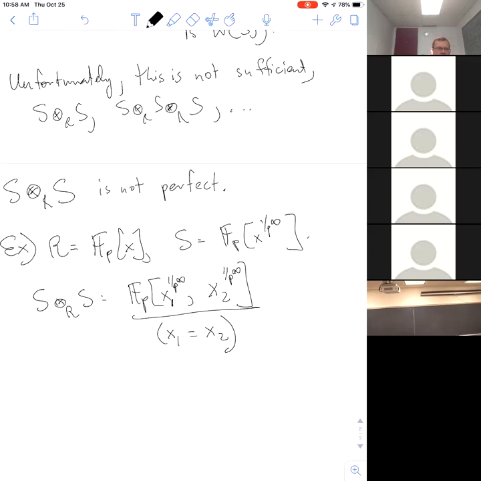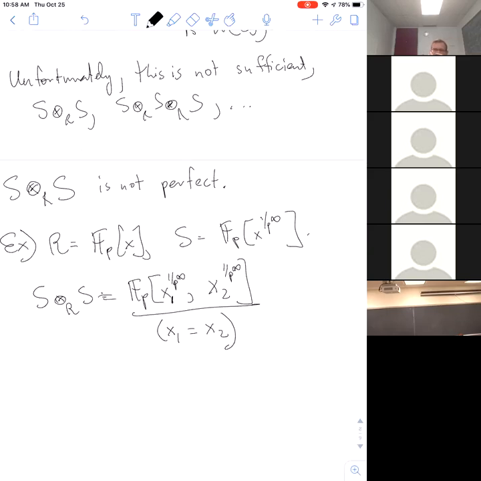So if we consider the relative tensor product S tensor_R S, where R is F_p[x], we get this funny ring. First we get a perfect polynomial ring in two generators, x_1 and x_2, but then we impose the relation that x_1 is equal to x_2. Note that this does not imply that x_1^{1/p} is x_2^{1/p}.